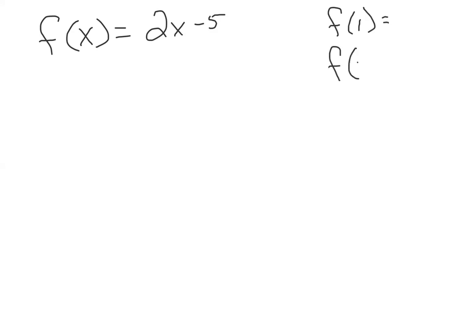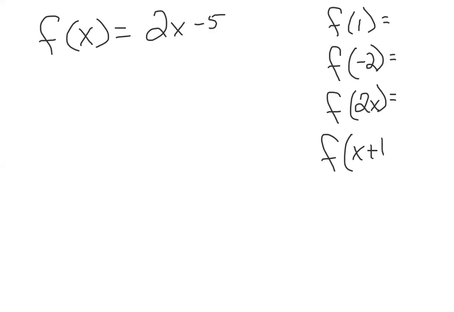So I have F of X equals 2X minus 5. And I want to know F of 1, F of negative 2, F of 2X. Let's throw a curveball a little bit: F of X plus 1.